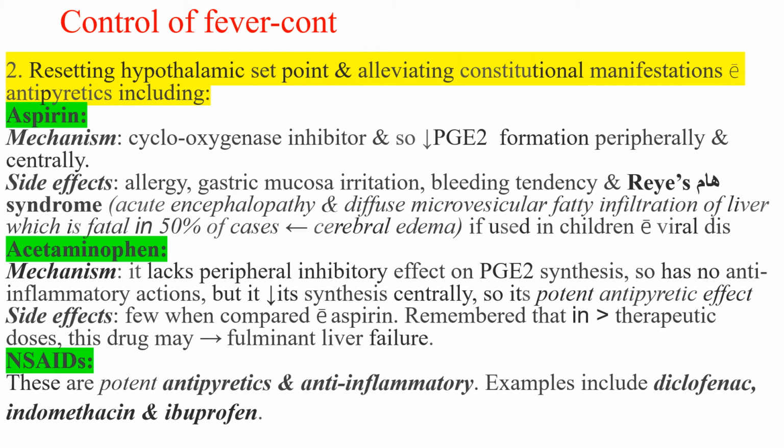Side effects: few when compared with aspirin. Remember that if you increase the dose, it may lead to fulminant liver failure. So use it with caution in patients with liver disease.